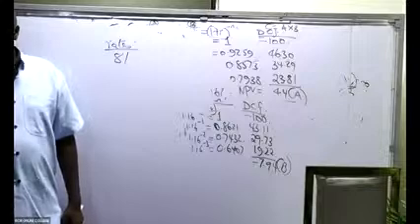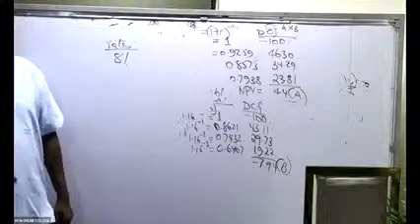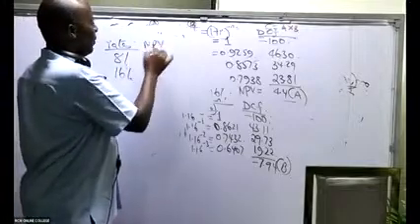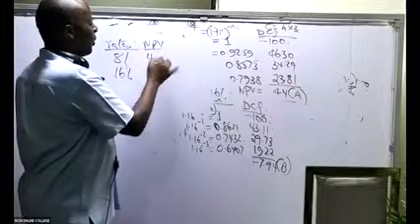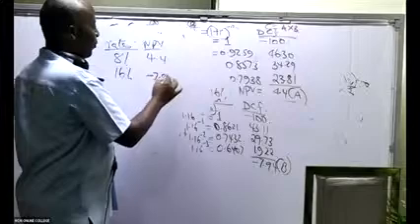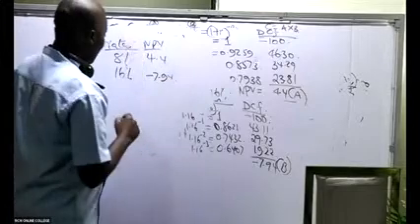Is it 16% or what is it? 16%. Okay. Then we have our NPVs. 8% is 4.4. And then 16% gives us minus 7.94.